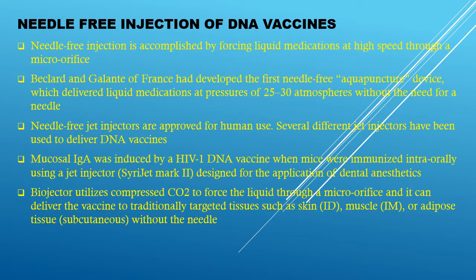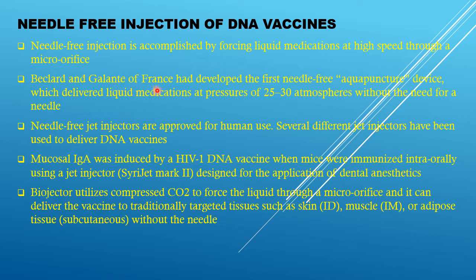So, needle-free injection of DNA vaccines. Needle-free injection is accomplished by forcing liquid medications at high speed through a micro orifice. This will be an instrument having a micro orifice with a pore size similar to the pore size our skin has.